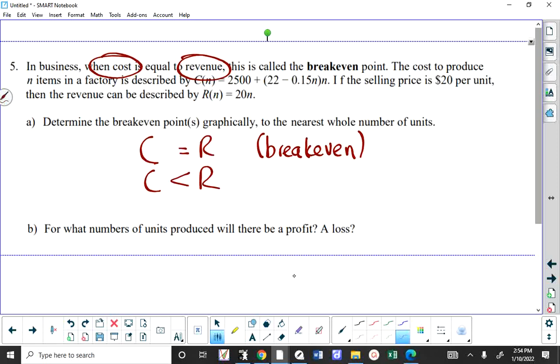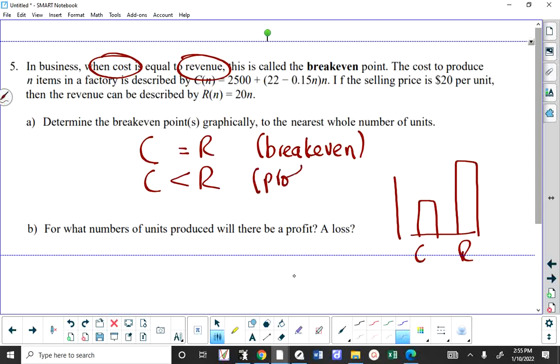This is my cost. Here is my revenue. This is actually profit. And deficit or loss would be that.